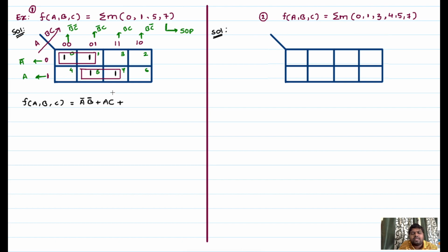And next, are there any other possibilities? That means other pairs we can expect from this pattern. Okay, this is one pair and this is one pair. Is there any other pair we could expect from this K-map? So if you observe clearly, this is one and this is also one. So we can form one pair from this pattern, right?